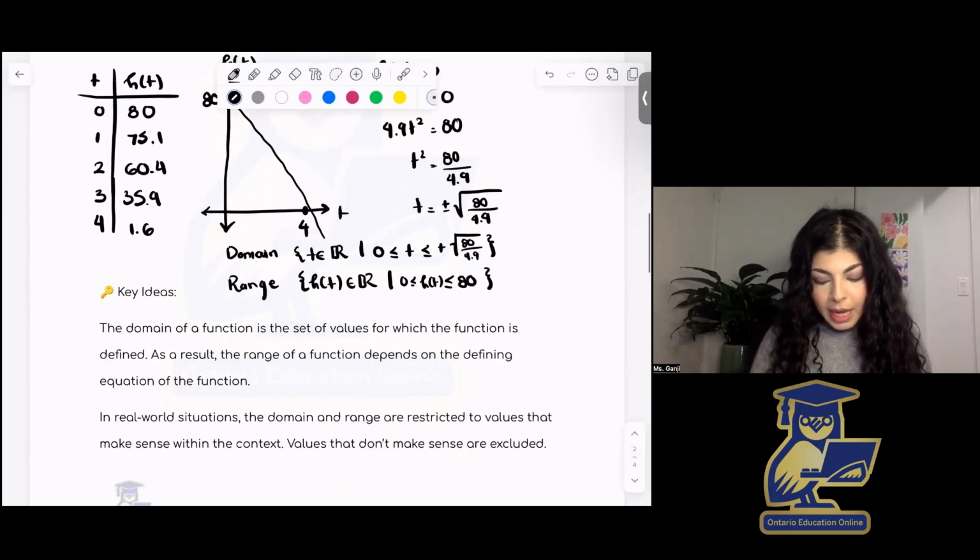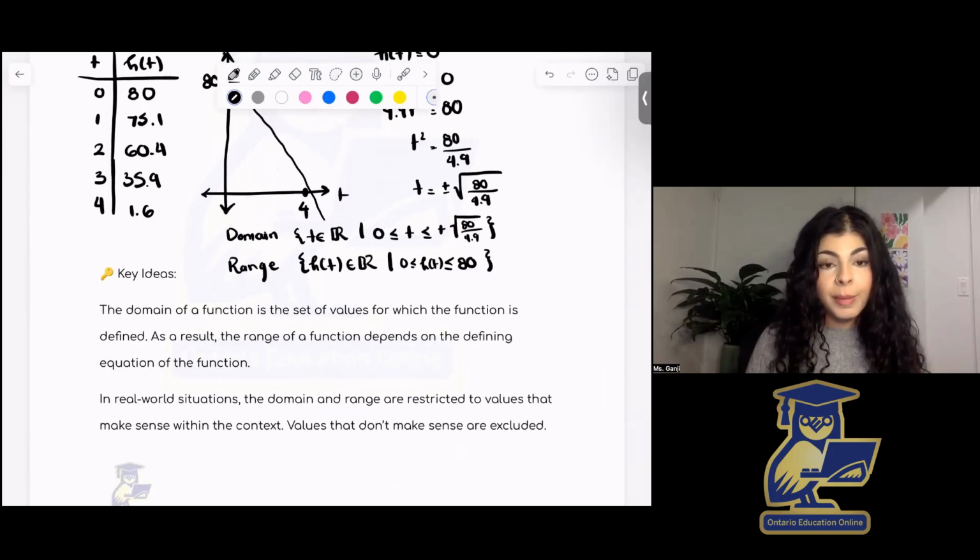So now some key ideas here. Domain is the set of values for which our function is defined. With real world problems, we define our function based on context. So for example, when the ball is in the air, or when the flare is being shot through the air, or the investments I make over 10 years.